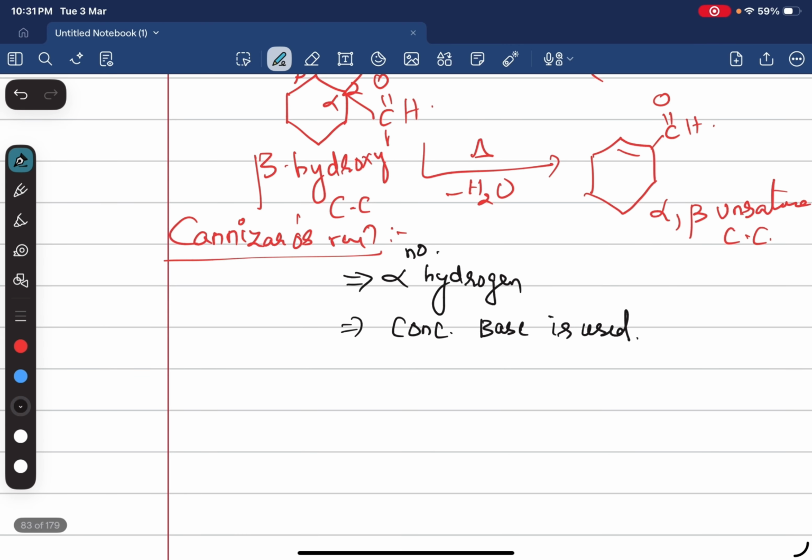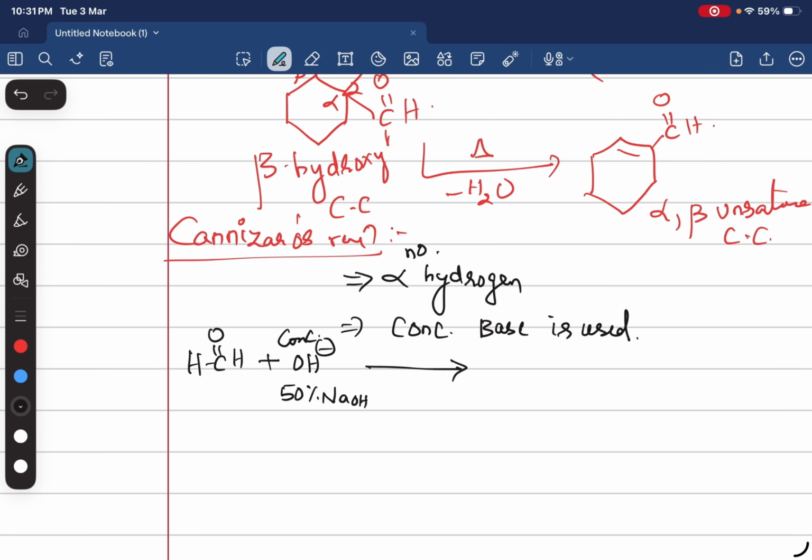Let's start the reaction. A carbonyl compound which doesn't have alpha hydrogen, generally formaldehyde or benzaldehyde, is taken. In the presence of concentrated NaOH or 50% NaOH, this reaction takes place. So HC double bond O minus Na plus, that is the salt of a carboxylic acid, and also an alcohol.